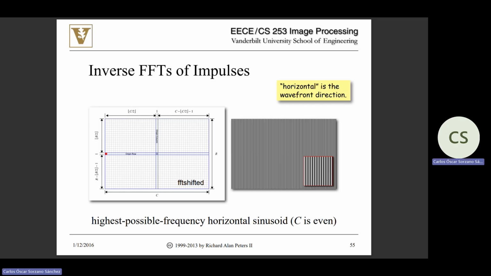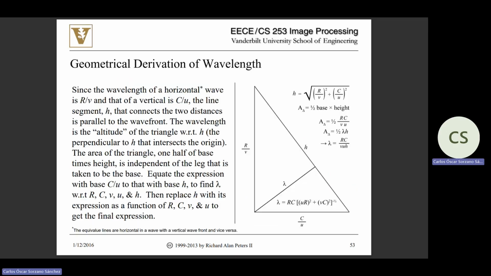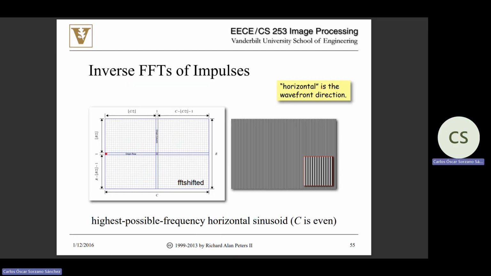What is the wavelength? The index is minus c divided by 2, so the wavelength is c divided by c over 2. The c cancels and the wavelength is 2. That is, it takes just 2 pixels to go from one maximum to the next maximum.